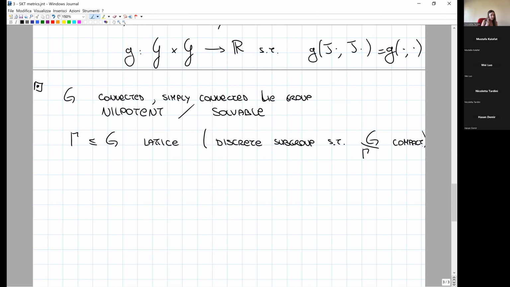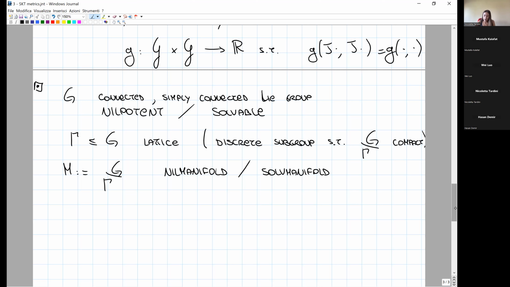Then M, the quotient of G over Γ, will be called a nilmanifold, or in the second case, a solvmanifold. So you start with a connected, simply connected group, and you assume it's nilpotent. If you quotient this nilpotent group by a lattice, what you get is a compact manifold that is called a nilmanifold. And the same definition can be done in the solvable case.